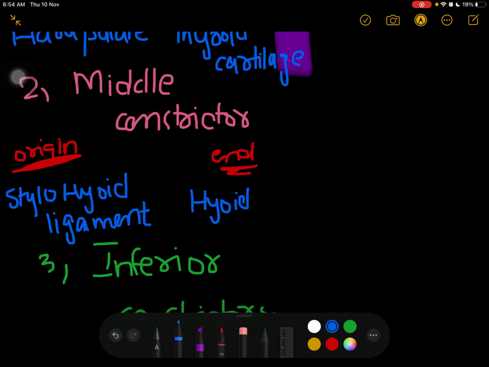It is the only bone in our body which is not attached to any other bone, right? So the middle constrictor originates from the stylohyoid ligament and ends at the hyoid bone.